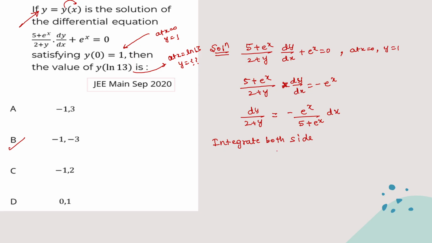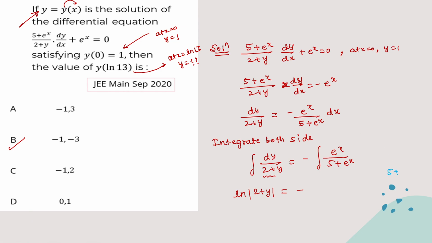So integrating both sides gives you the integral of dy/(2 + y) = -the integral of e^x/(5 + e^x) dx + c. Sorry, c will be added after the integration. The integration of 1/(2 + y) is in linear format, so we can directly say it is ln|2 + y| = -, and in this case we can use the substitution rule.